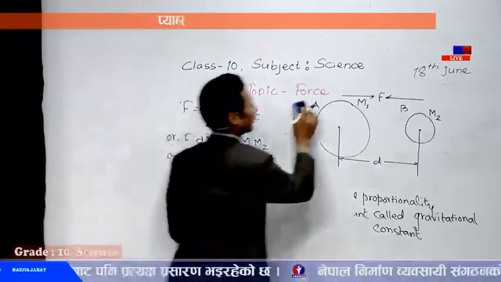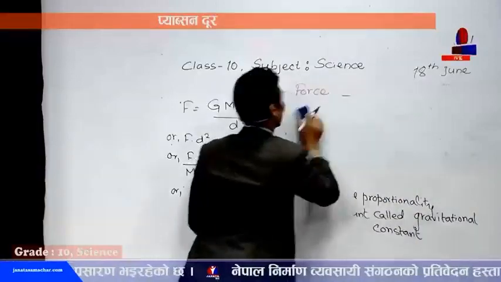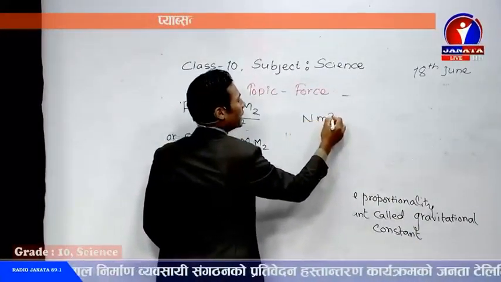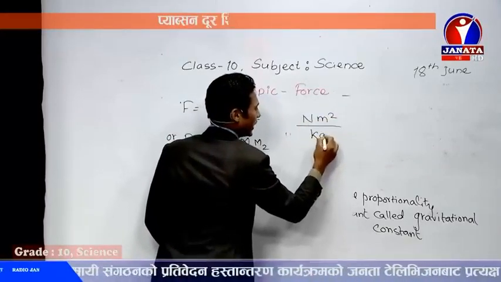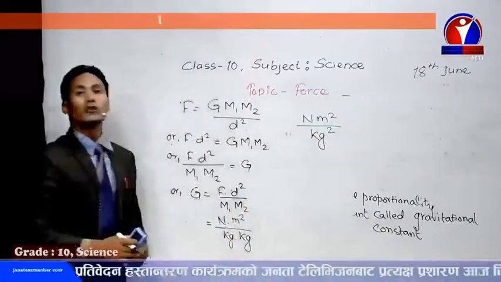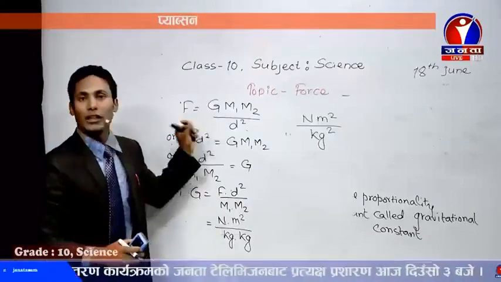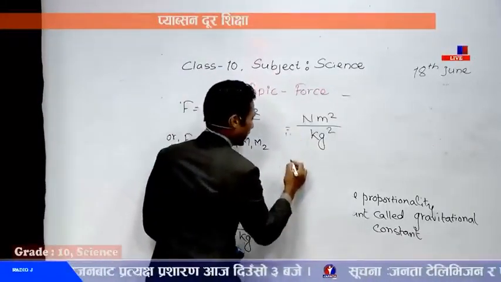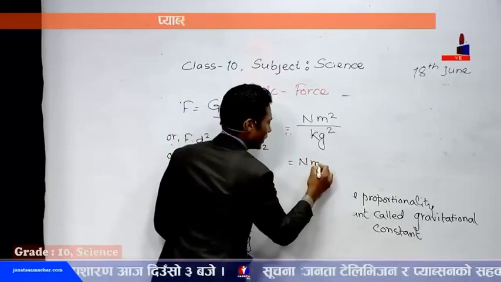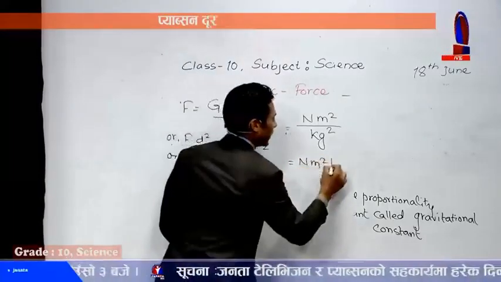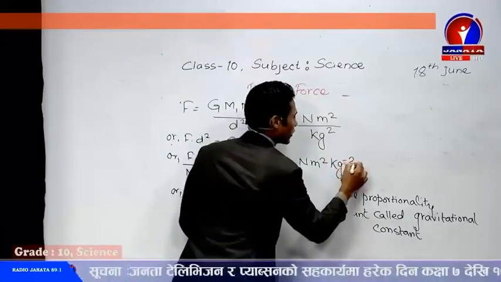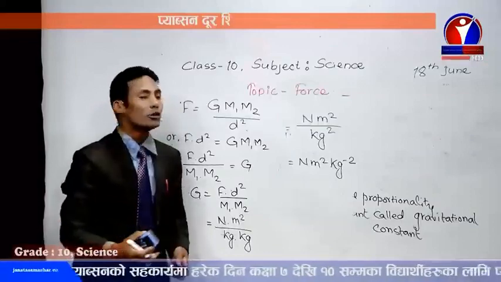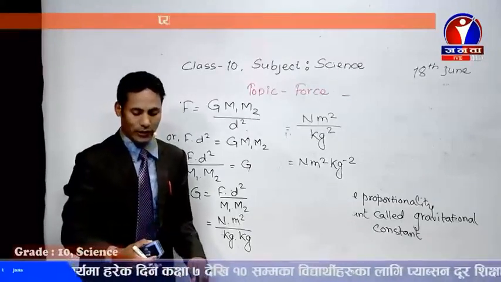So we can conclude the unit of this gravitational constant is Newton meter square per kg square. Also we can mention it like this: Newton meter square kg to the power minus 2. So this is the unit for the gravitational constant.